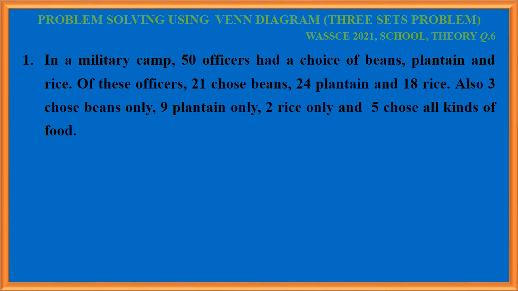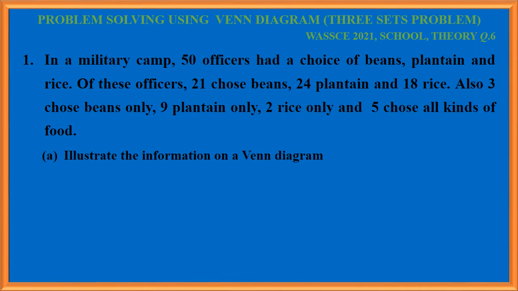Of these officers, 21 chose beans, 24 chose plantain, and 18 rice. Also, 3 chose beans only, 9 plantain only, 2 rice only, and 5 chose all kinds of food.